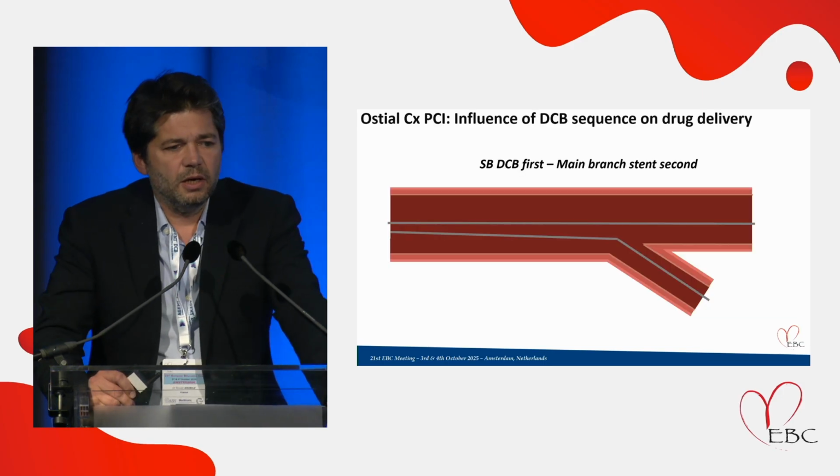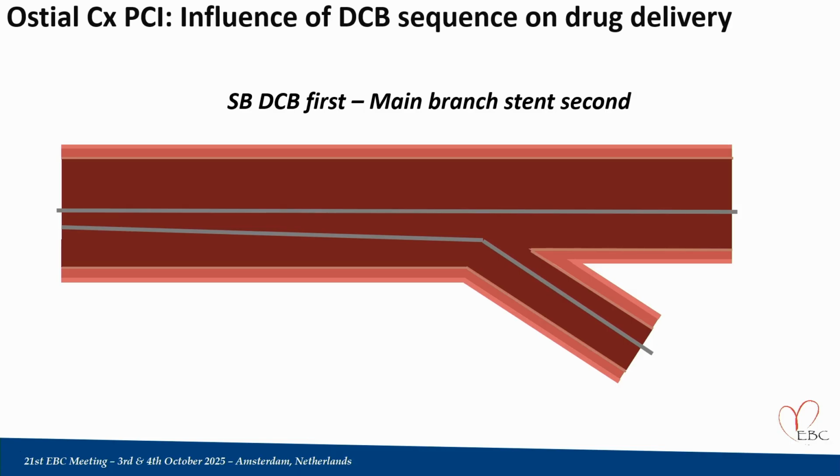Second, we can have some questions about the best dose of the drug delivered to the ostial circumflex. If you apply the DCB first, you can expect to have the optimal dose of drug delivered to the vessel because the DCB will move freely towards its target.